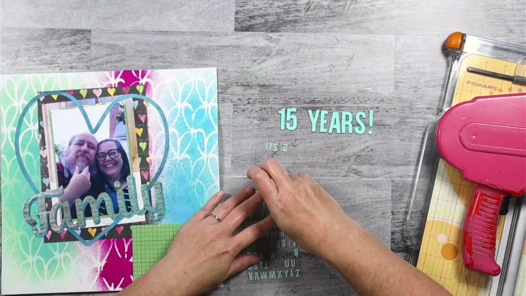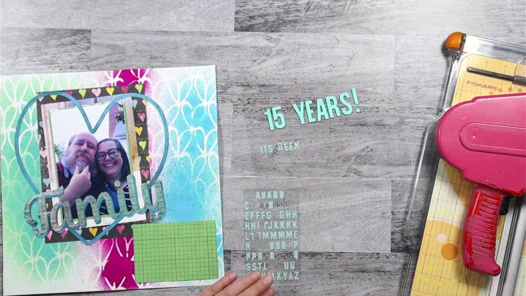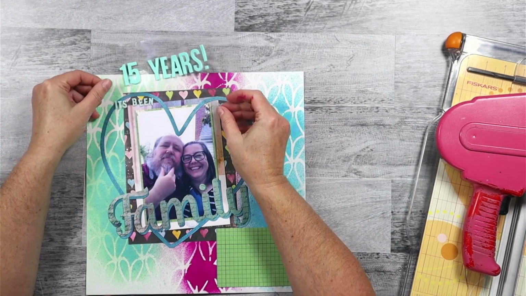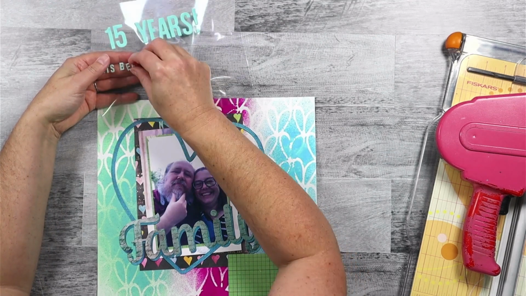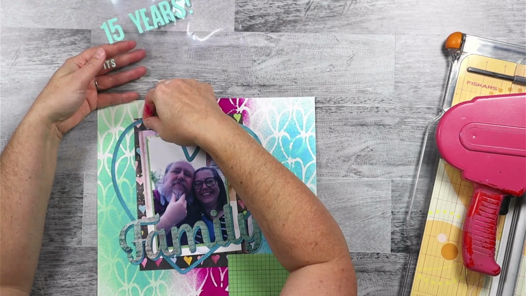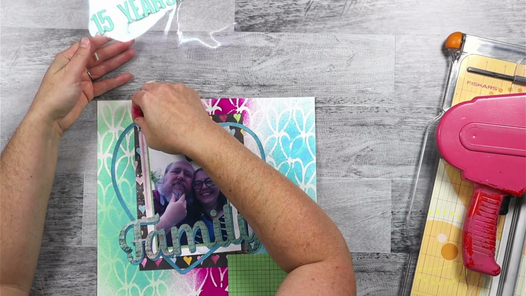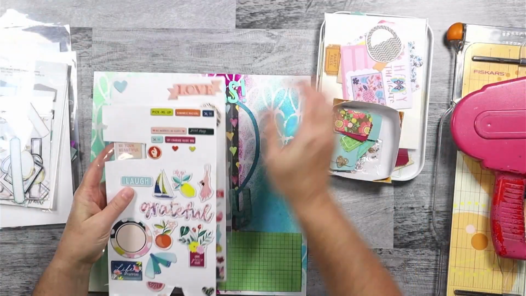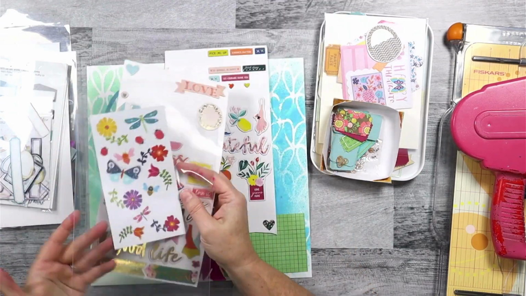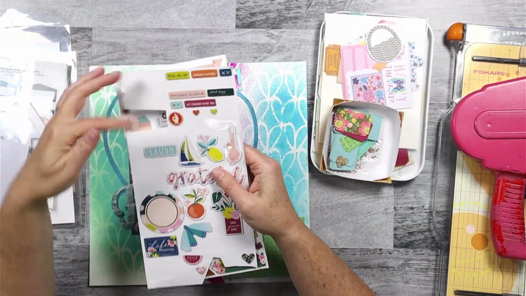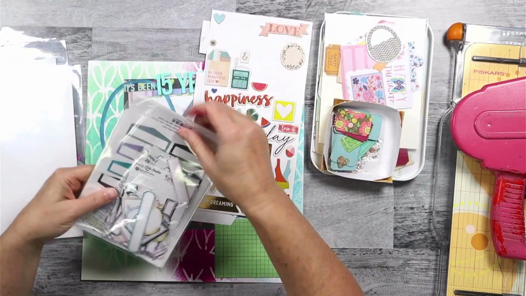So what I did is I pieced together, I call it Frankensteining, some letters, I think I had to Frankenstein my A or something like that, to get my title to work. And then I used a smaller alpha set. I like to mix and match my title fonts anyway, so a smaller alpha set to kind of continue on the title a little bit.